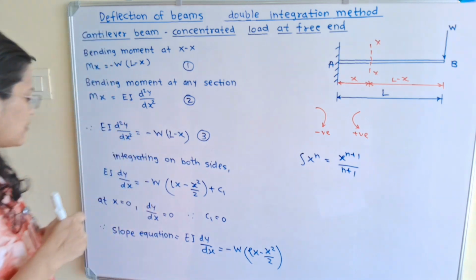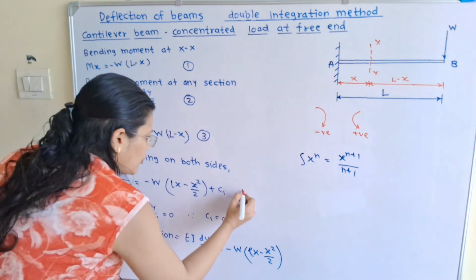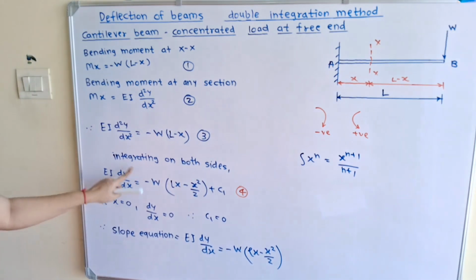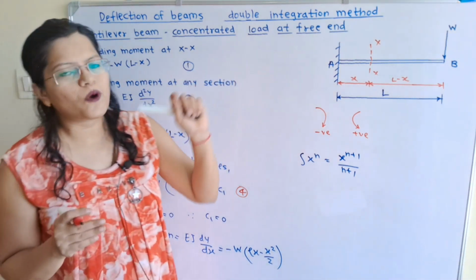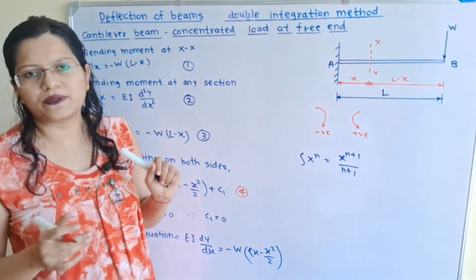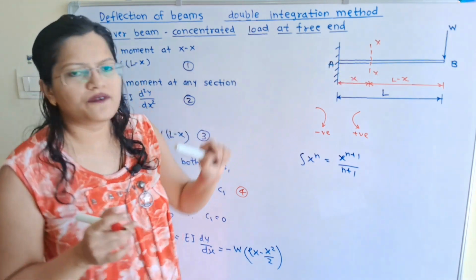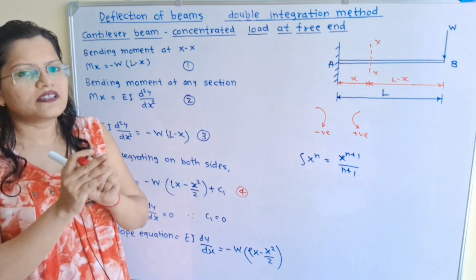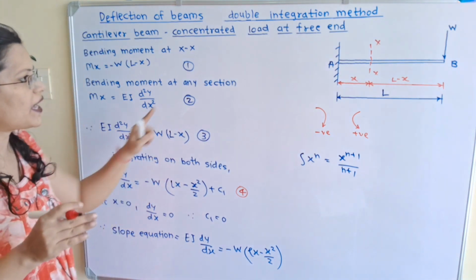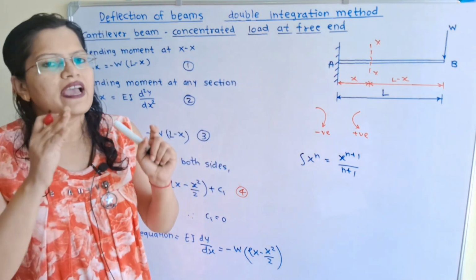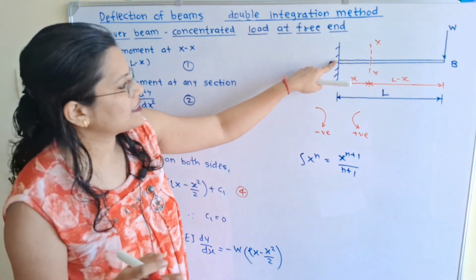Now if we observe in this equation number 4, here dy by dx is known as slope. When the point load is applied at the end B, this end A is the fixed end. So there the slope is equal to 0. That means this value dy by dx is equal to 0. And what is the value of x at this end A?